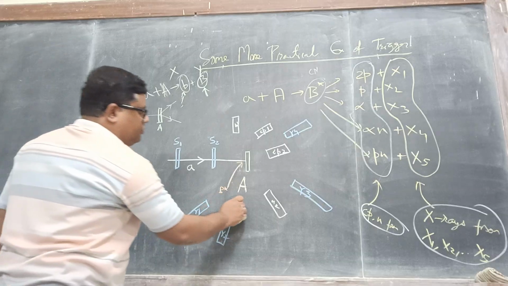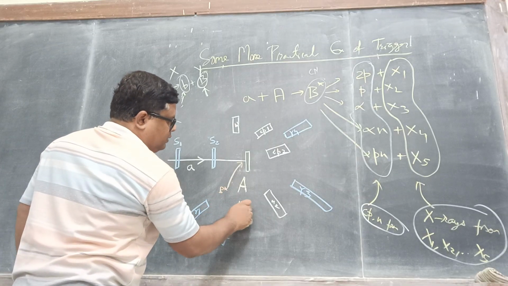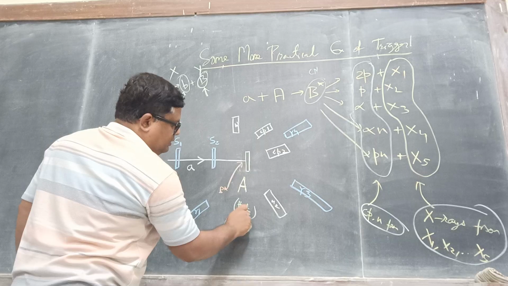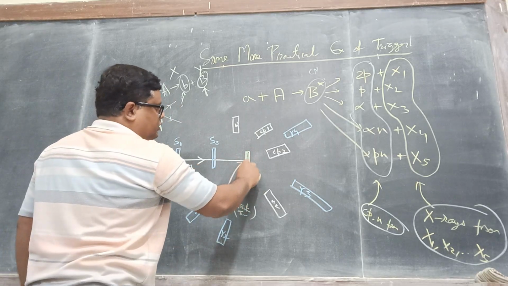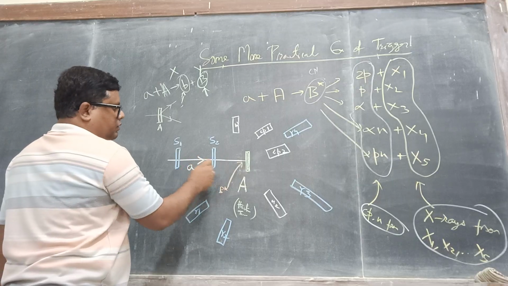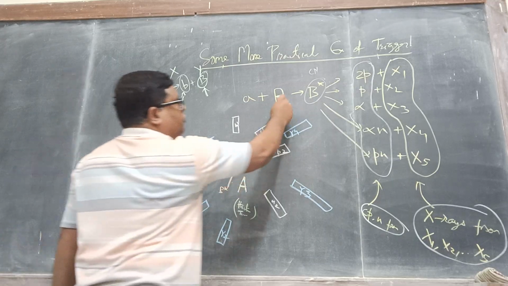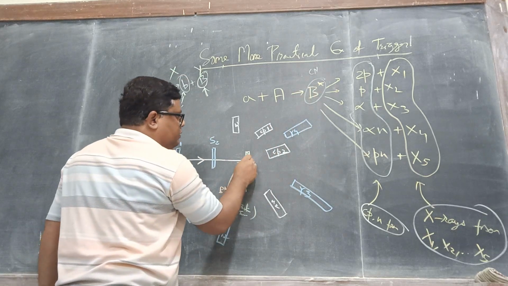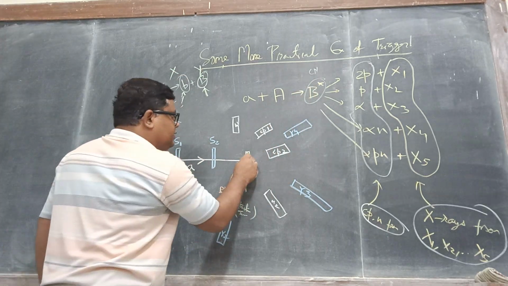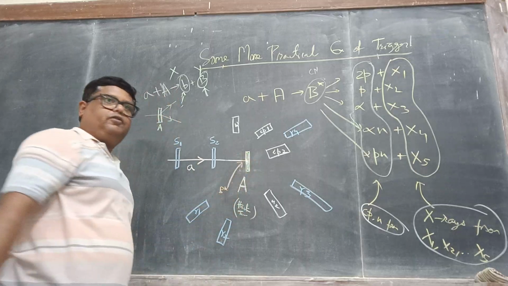But now let me use a thick target experiment. So this is a thick target experiment. Here A is very thick. This means after the reaction of a plus A forming this compound nucleus, B star, the B star will be deposited in this A itself after the formation.